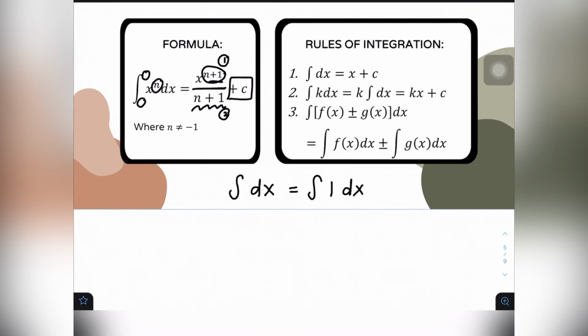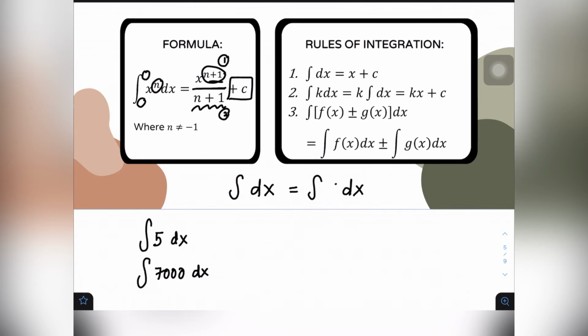If it is other than 1, you can see. For example, integrate 5 with respect to x. Integrate 7,000 with respect to x. But because the constant is 1, you cannot see it, because we usually do not write 1. 1 multiplied by whatever number gives that number itself. So you do not write 1.